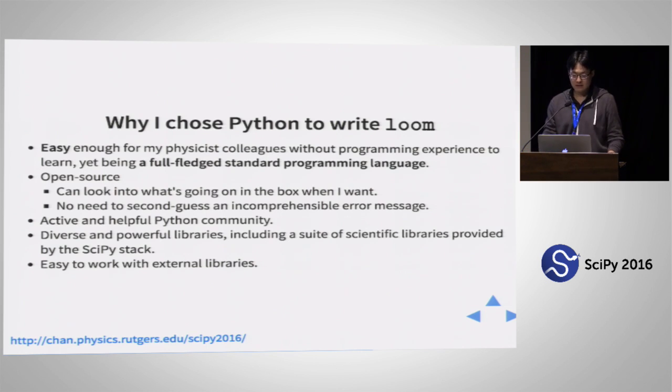So that's the first reason that I chose Python. And of course, all the libraries that I needed and used are open source, which means I can look into what's going on in the box if I want, and I don't have to second-guess an incomprehensible error message. And of course, an active and helpful Python community is a big plus.